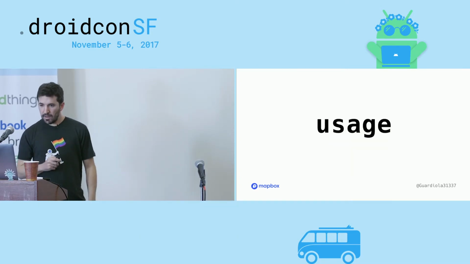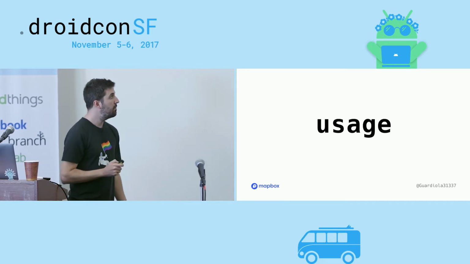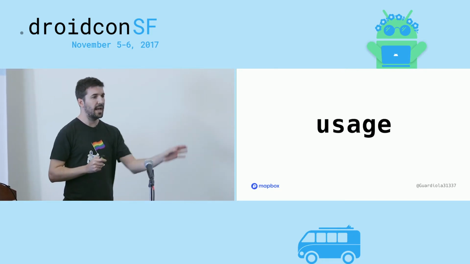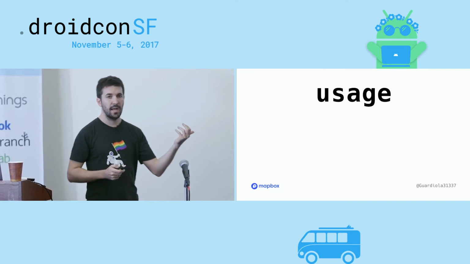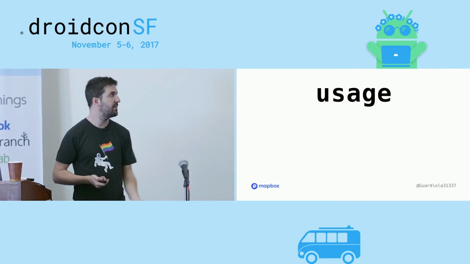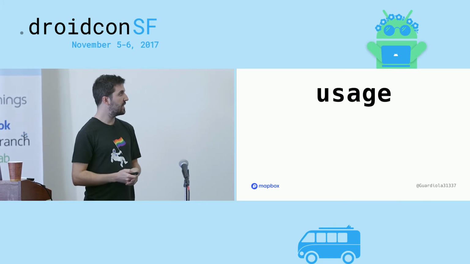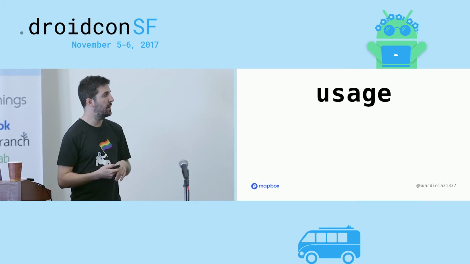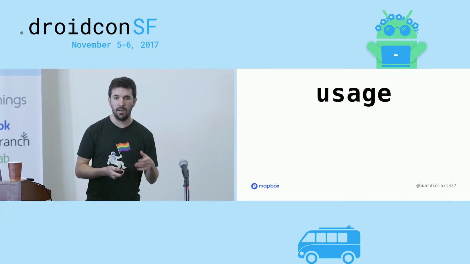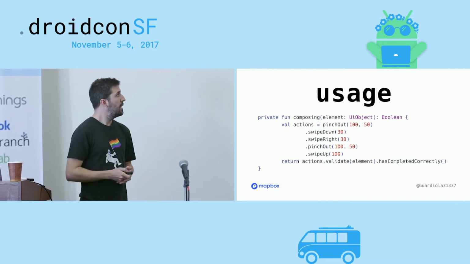First of all, let me go to the end of the talk, and we are going to review the usage of the DSL, so then you will get the idea of how I implemented it.